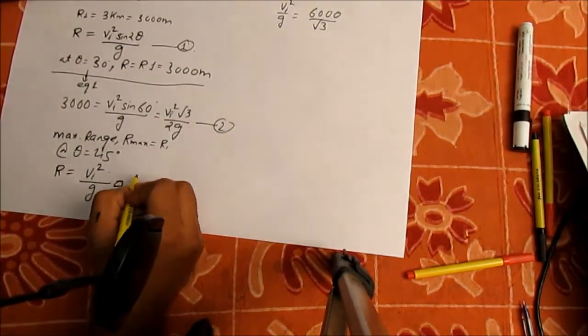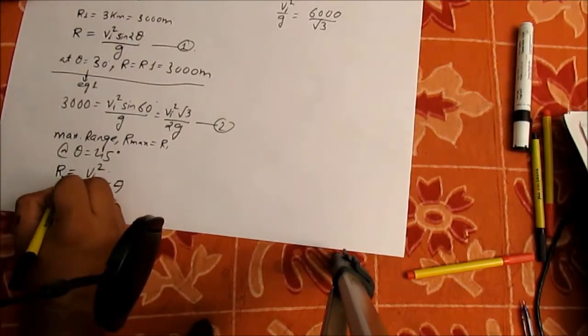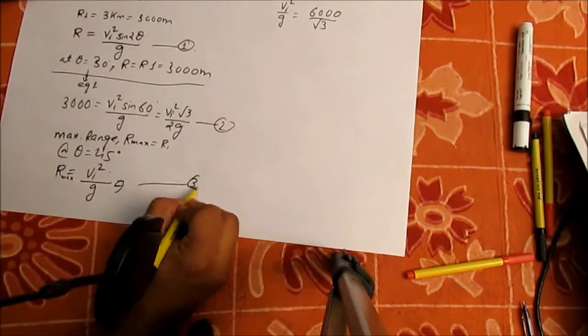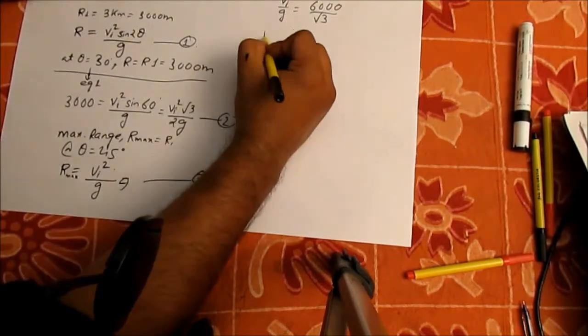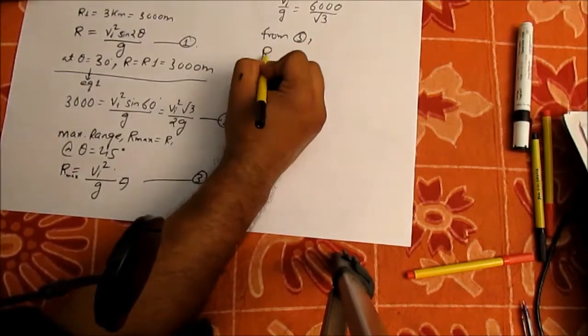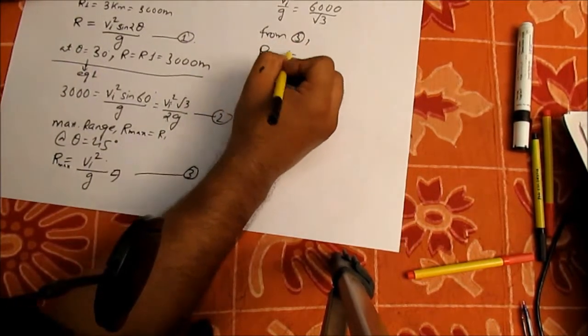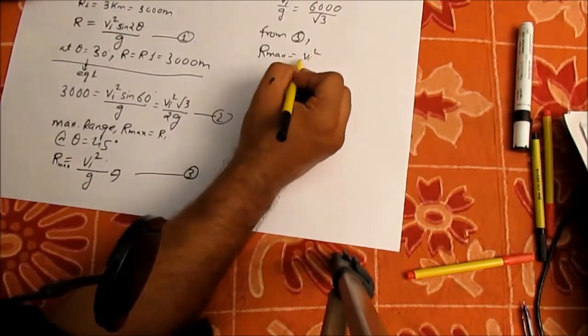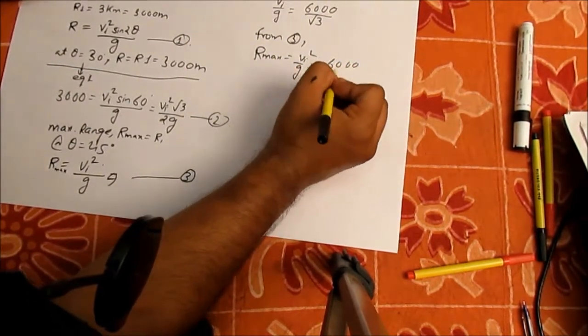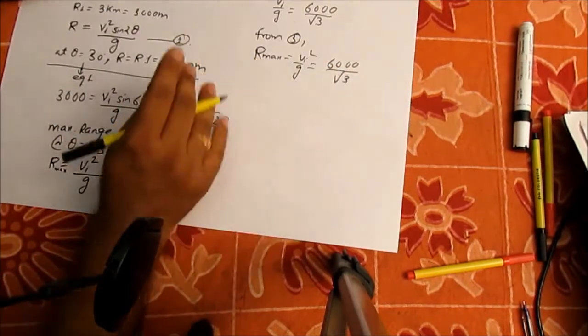This is equation 3. So from 3, R max is equal to Vi square by g, which is 6000 divided by root 3.